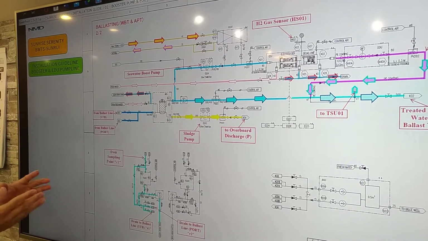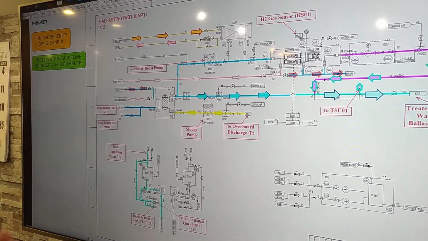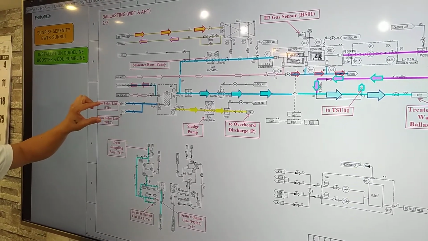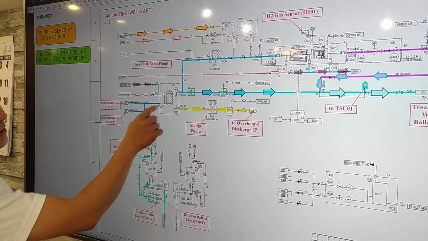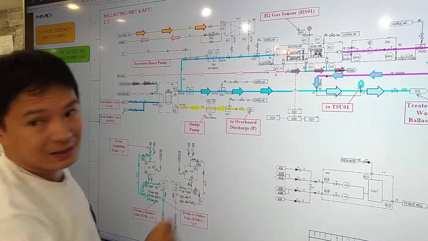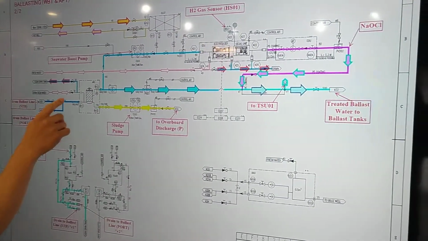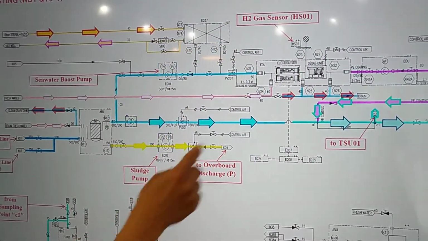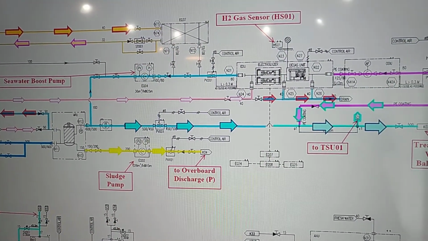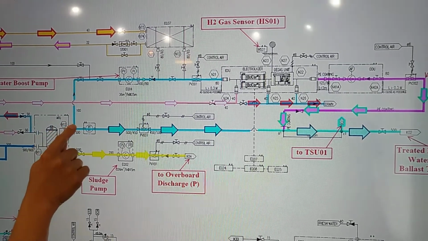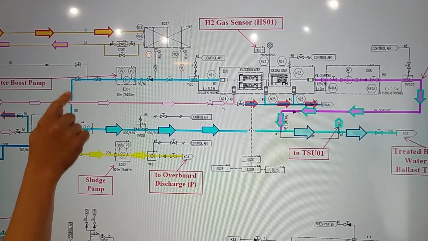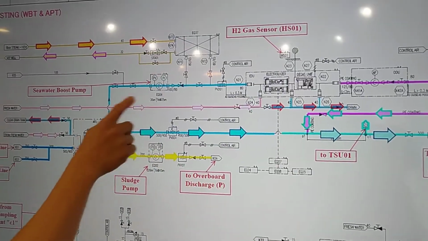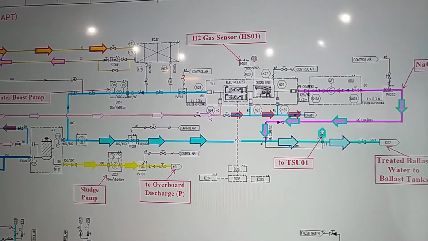So again, we go back with piping diagram and I will explain. Okay. So same from the ballast pump. We use the seawater that is going to the filter and then going to ballast tank. So some seawater will be used for us to make the sodium hypochlorite. Okay. So after the filter, we have our branch. So we pump the seawater using the seawater booster pump, and then we pump that to our EDU.